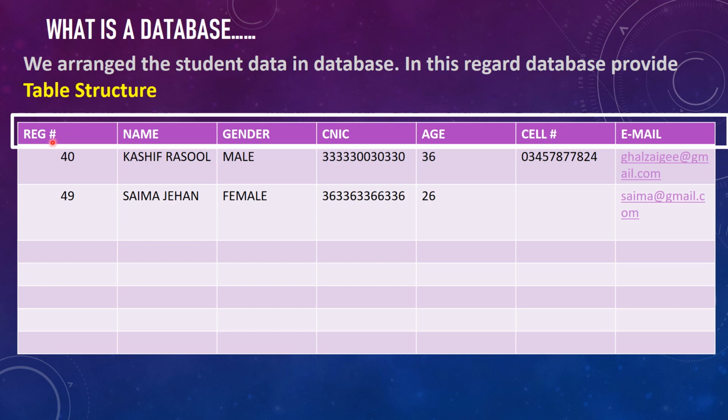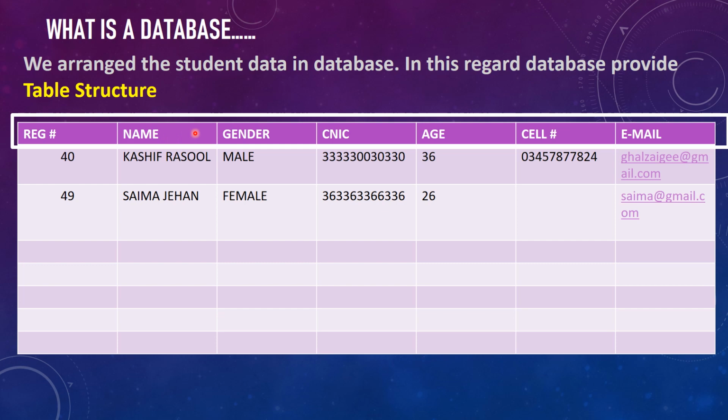For example, registration number contains only digits, numbers, and stores numbers. This is typically a unique number and there is no replication in data. So we call it a primary key.